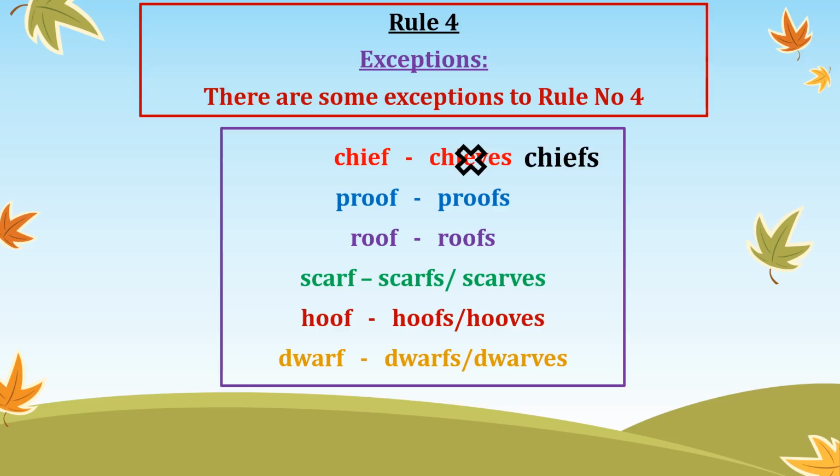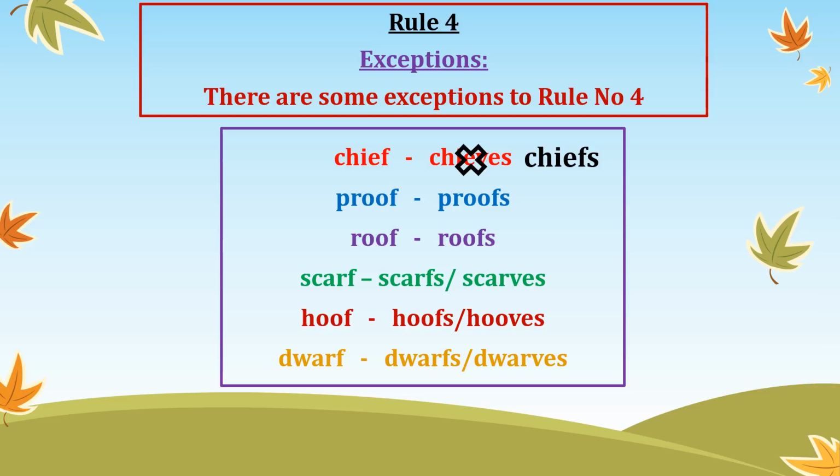And same is with this word roof. It just wants an S to make its plural. So roof becomes roofs. And look at these three words here. Scarf, hoof and dwarf. They are confused ones. They don't know whether they are going to listen to rule number 4 or they are going to listen to their friends here. So they have decided they will make their plural by any of these.